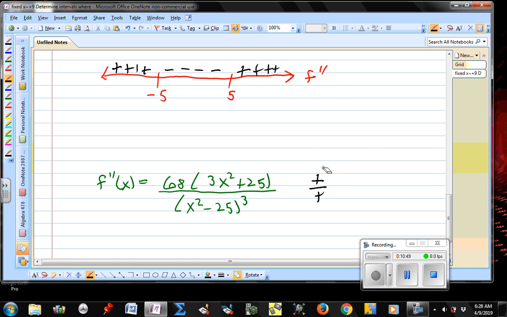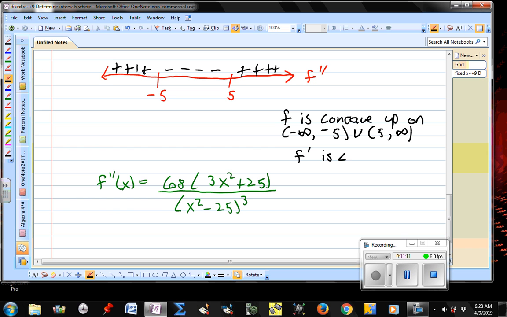So when it's all said and done, we can conclude that f is concave up on two intervals: negative infinity to negative 5, and also from 5 to infinity. We can conclude that f is concave down on one interval, from negative 5 to 5.